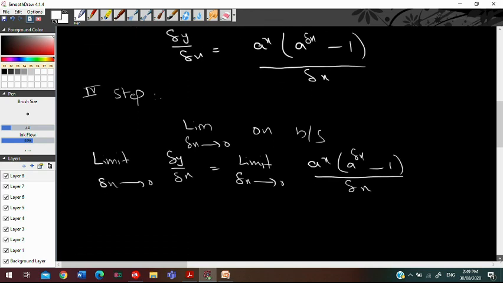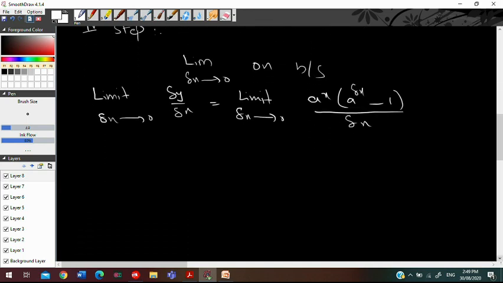Now here we use one theorem of limit. Here a power x is a term in which we don't have any delta x, so we can write it outside, and the rest of the expression in which we have the variable delta x, we write with this limit.